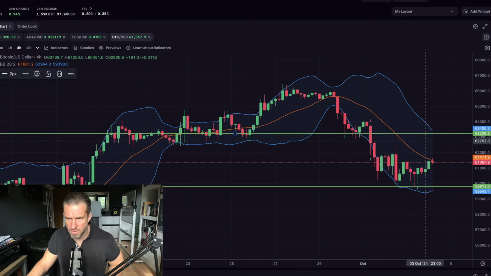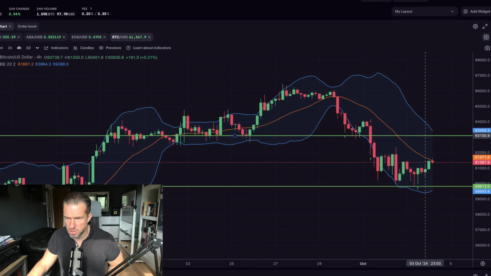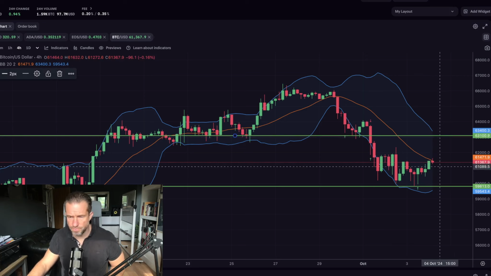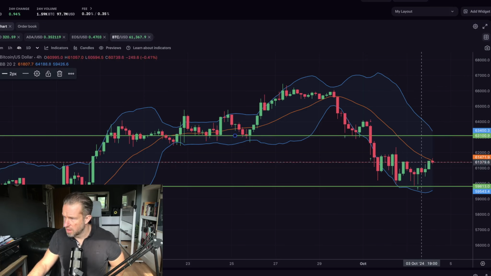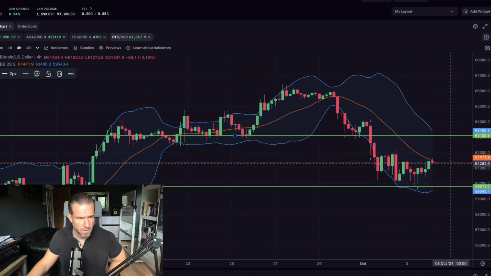I'm going to go in a little bit lower than that because I want to make sure I actually hit that target. Remember, this 4-hour bar, waiting for the close, and then if I've got all the credentials set up and ready, that will be a buy position.